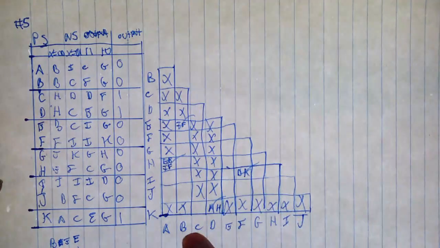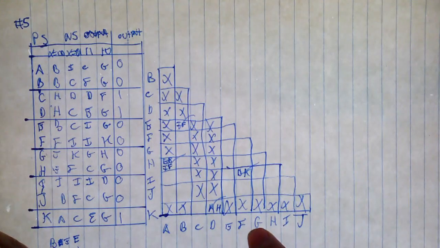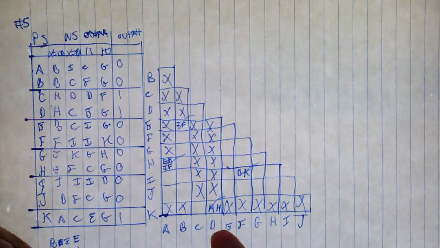I got B equals E, A equals H, F equals I, and D equals K. So I got a few things already.